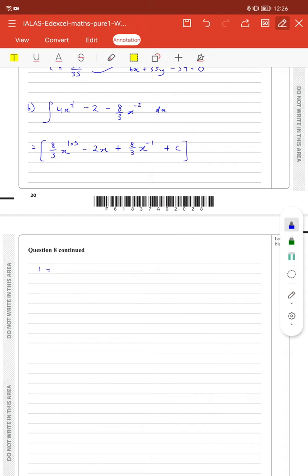So I'm going to say 1 is equal to 8 over 3 times 4 to the power of 1.5, minus 2 times 4, plus 8 over 3 times 4 plus c. And here I'm going to get 64 over 3 minus 8 plus 32 over 3 plus c is equal to 1.